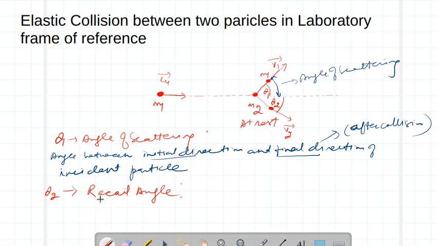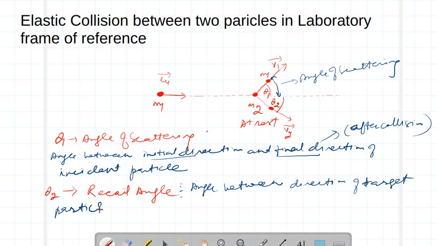Similarly, let us talk about recoil angle. It is the angle between the direction of target particle and initial direction of incident particle.